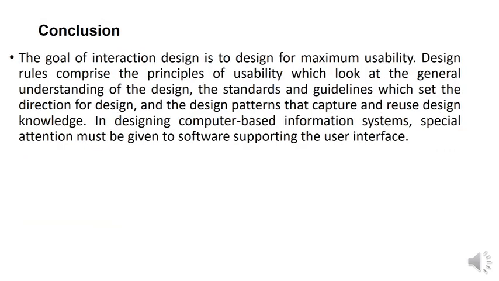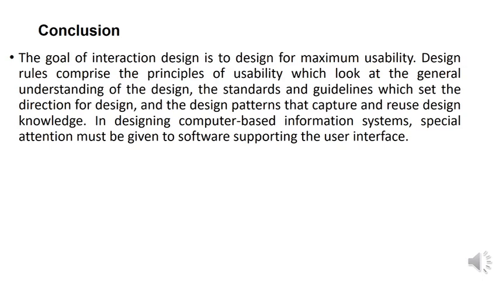So I'm very sure at the end of this you have been able to at least understand what we are trying to say in this section 3 unit 1 regarding the system guidelines. In conclusion, the goal of interaction design is to design for maximum usability.